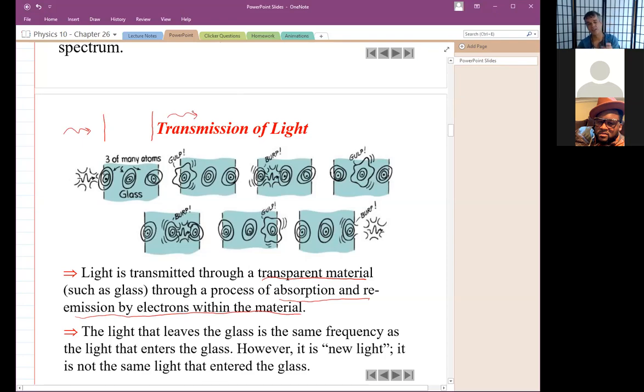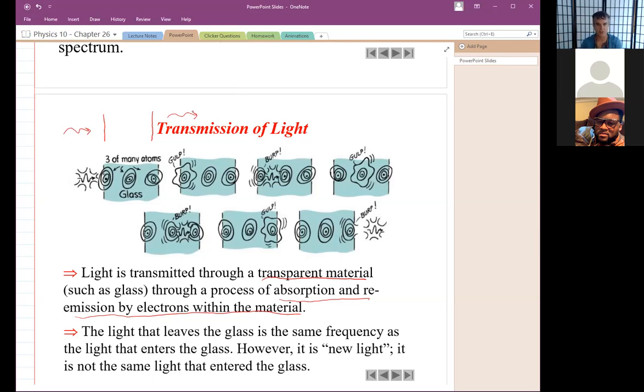This is kind of cool: the light comes in, and when it hits the first atom in the glass, an electron in that atom will absorb the light, and that light completely disappears from the universe. The electrons in the atom absorb the light, and the electron starts to oscillate up and down at the same frequency the light had. That oscillating electron will then produce its own light and pass it along.